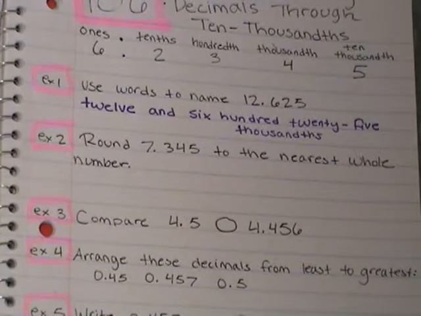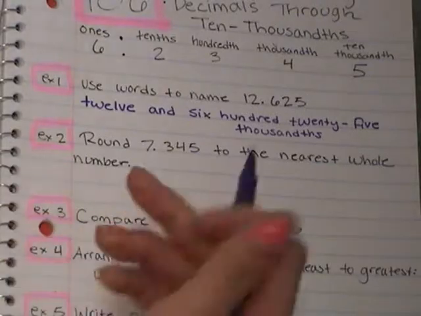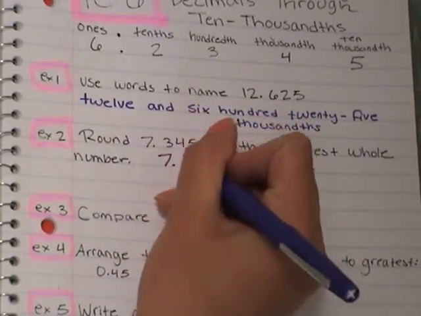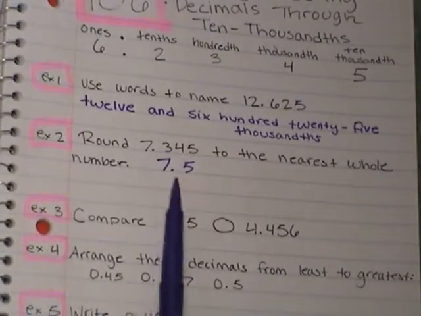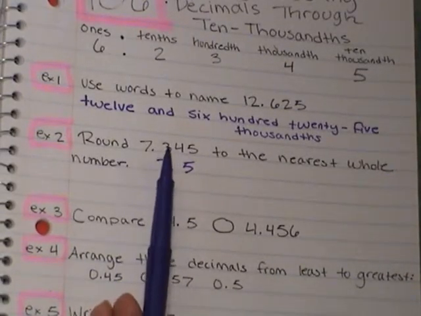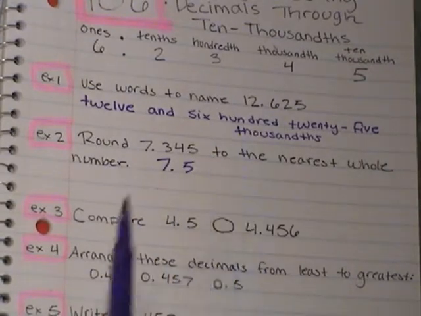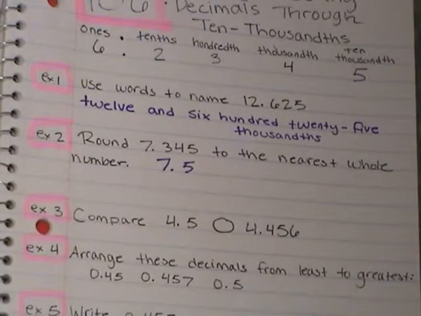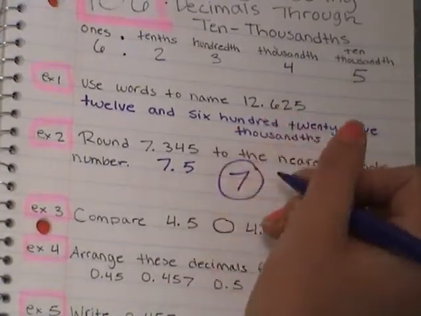With decimals, 0.5 or 5 tenths is my halfway point. If I see that my tenths is lower than a 5, then I know I'm going to round down. So I'm going to round my 7 and 345 thousandths down to just 7.